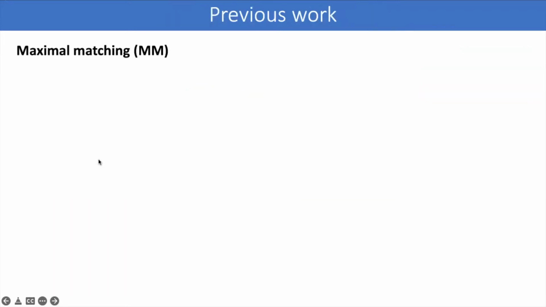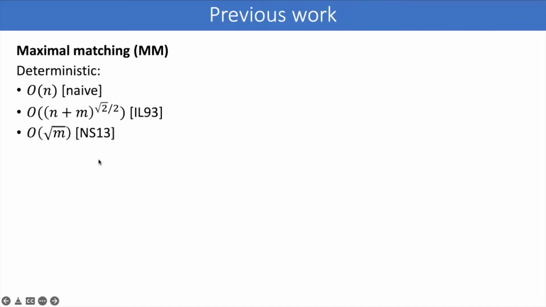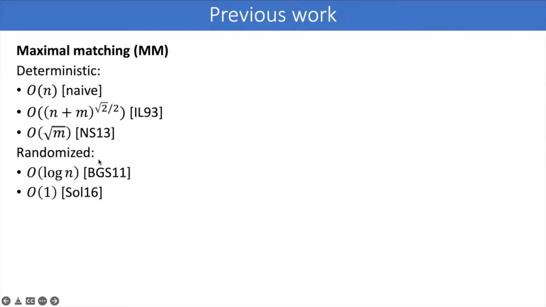There are several results for dynamic maximal matching. There is a naive deterministic algorithm which spends linear time following every update, and the state of the art is square root of m by Neiman and Solomon. In the context of randomized algorithms, Baswana, Gupta, and Sen showed how to maintain a maximal matching in O(log n) time, which was subsequently improved by Solomon to a constant update time.